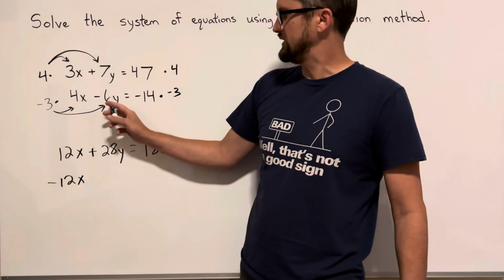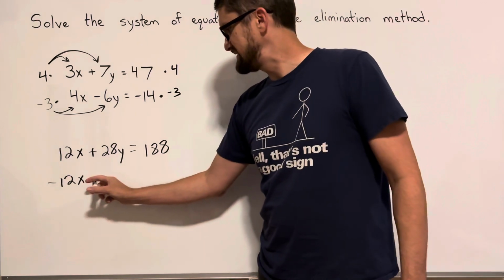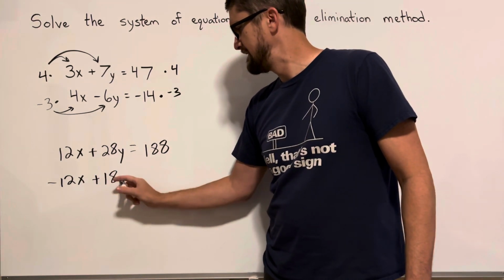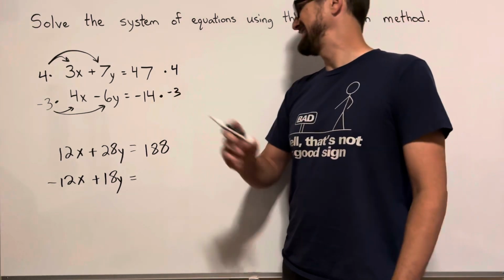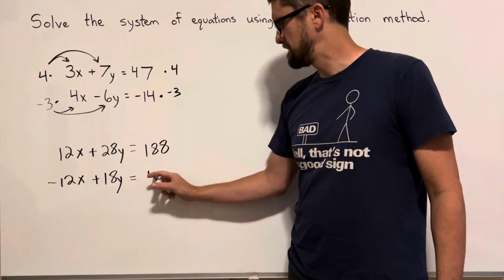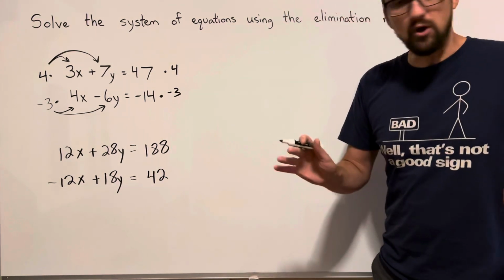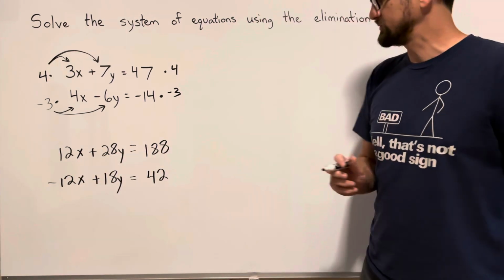A negative 3 and a negative 6 multiplied give a positive 18y. And on the right-hand side, a negative 14 times a negative 3 is a positive 42. All right, there we go. We made opposites on the coefficients of the x terms.